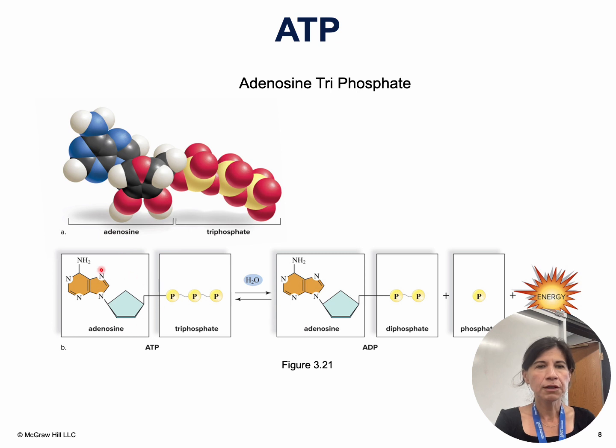Well, this one has that here, but in the case of ATP, you have 3 phosphates attached to each other. So this is like a variation of a nucleotide. And this is the energy currency in our cells. This is what our cells use for immediate energy. They break the bond between the second and third phosphate group, and energy is released. So we'll talk about that when we talk about metabolism.